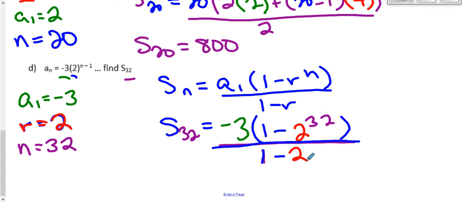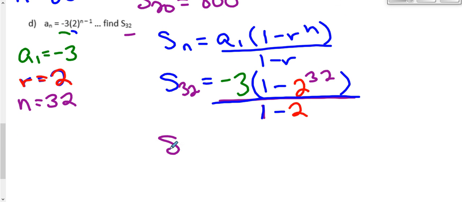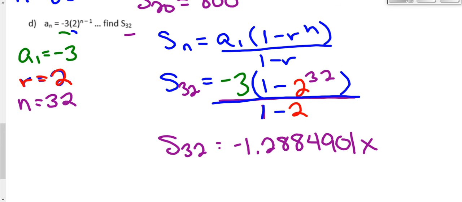This answer is nasty, but it doesn't matter because we get to plug it in the calculator, and our final answer, once all of that has been calculated by our wonderful piece of technology, is -1.2884901, etc., times 10 to the 10th power. Times 10 to the 10th power means that this decimal place can be moved over 10 times.